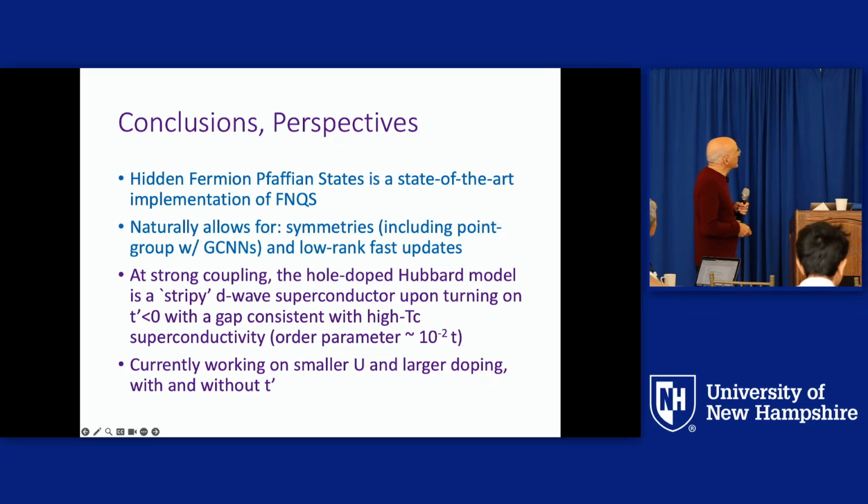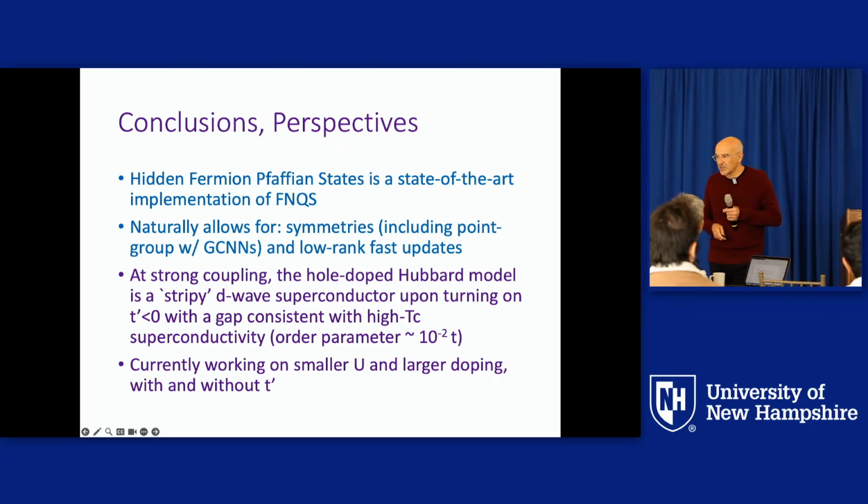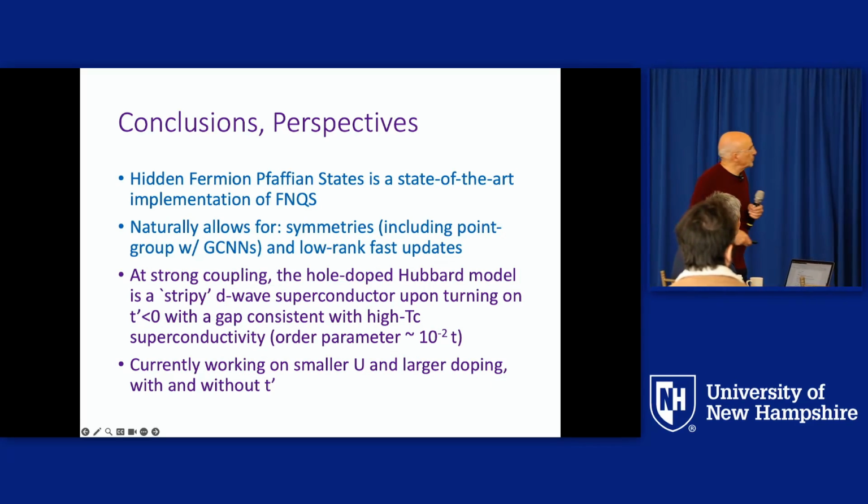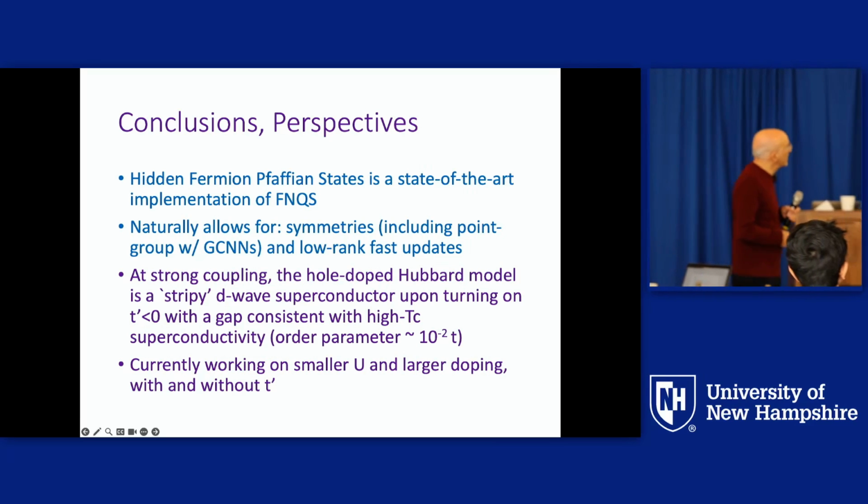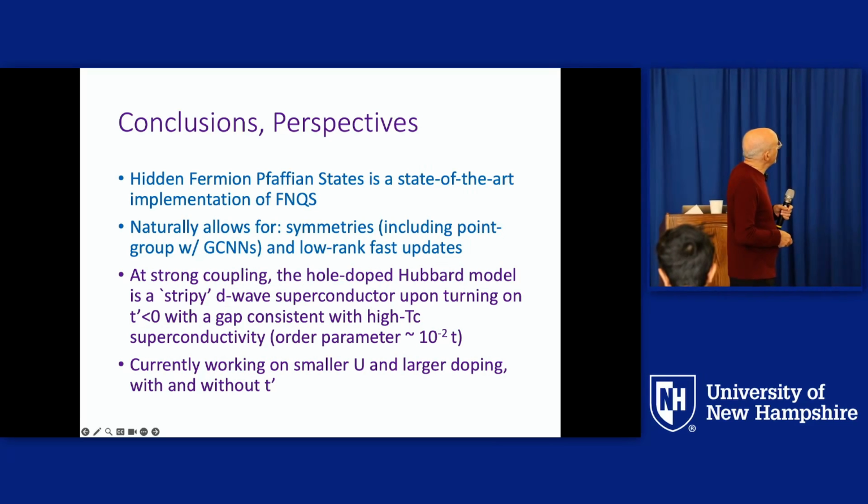Anyway, conclusions, perspectives. So I hope I convinced you that the hidden fermion Pfaffian state is at least the state-of-the-art implementation of fermionic neural quantum states, that it allows you to implement symmetries and obtain accurate energies.